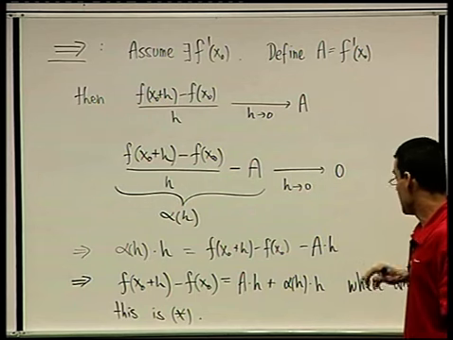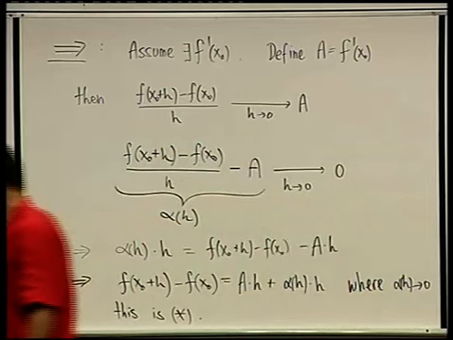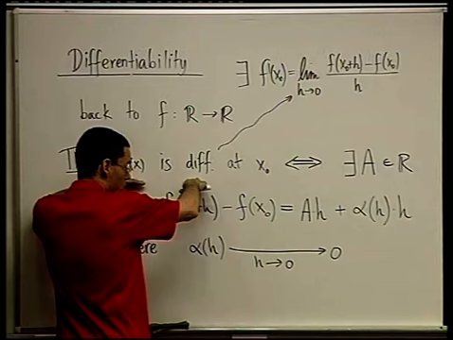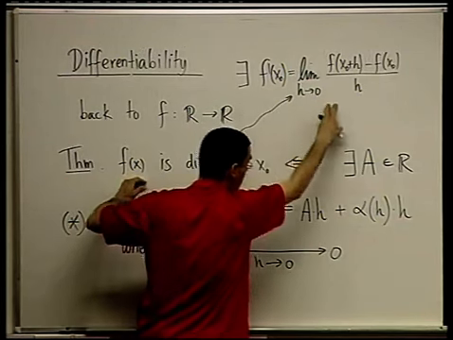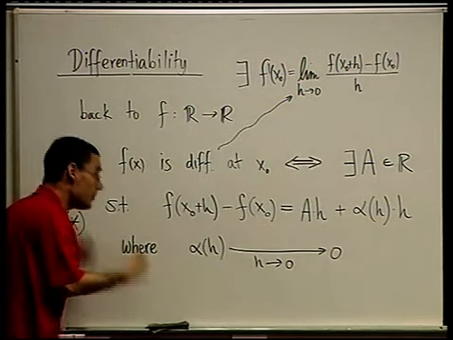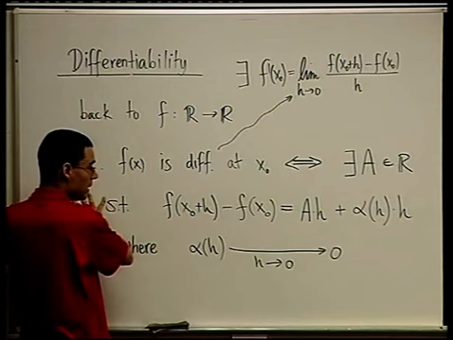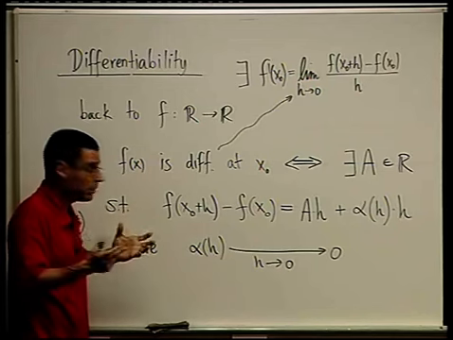Okay, so back to the original theorem. The theorem said, differentiability for single variable functions, which was originally defined as the existence of the derivative, namely the existence of this limit, can equivalently be written as this property, which is comprised of two lines, so it may look more complicated, but it's just the same.